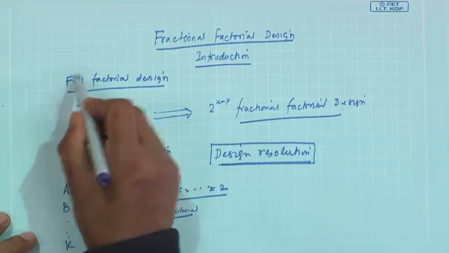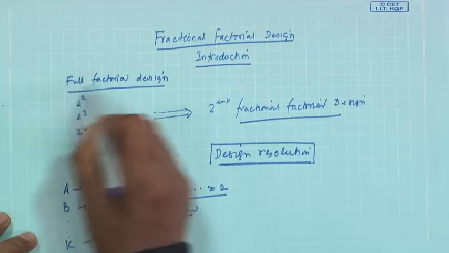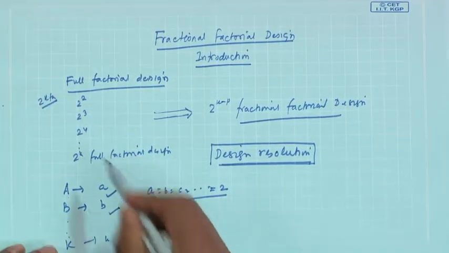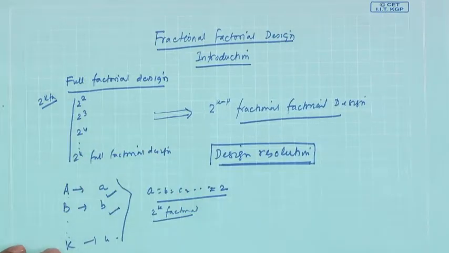It will be so costly that it will be a feasibility issue also for conducting such an experiment. So, we said that from full to 2 to the power k factorial design we have considered.